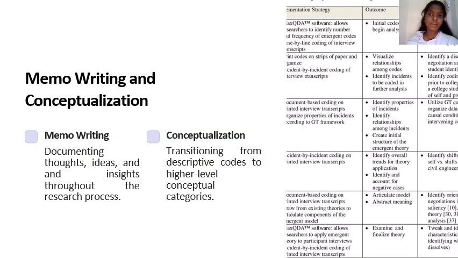Next is memo-writing and conceptualization. Memo-writing means documenting thoughts, ideas, and insights throughout the research process. That is, we can document our thoughts, ideas, and insights throughout the process, and conceptualization refers to the transition from descriptive codes to higher level conceptual categories.